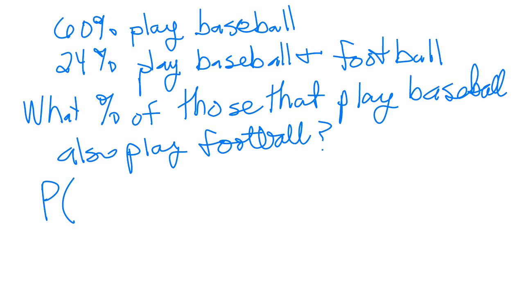Okay, this is what we know. We know they play baseball. So of those that play baseball, this is the given. What are the chances they play football? So what we want to know is how many play football and baseball at the same time, because if it's given they play baseball and we want to know how many of those play football, they have to play both.